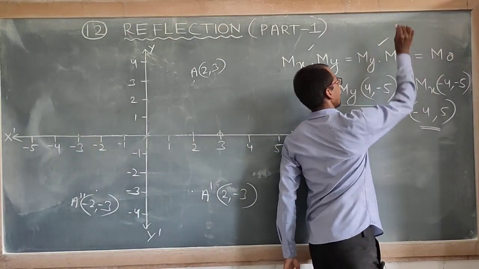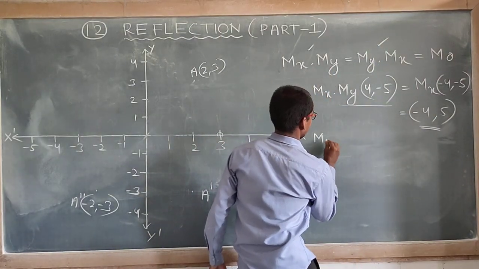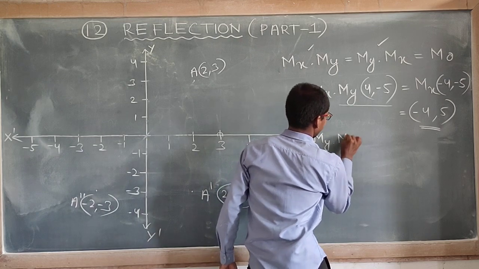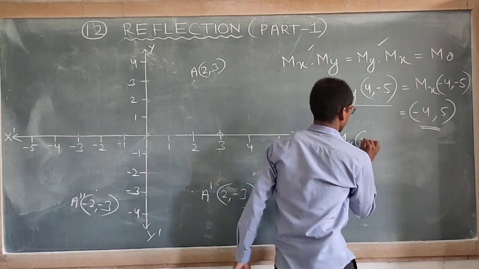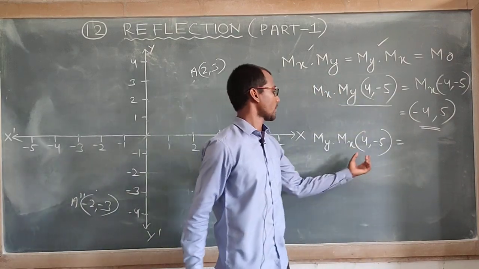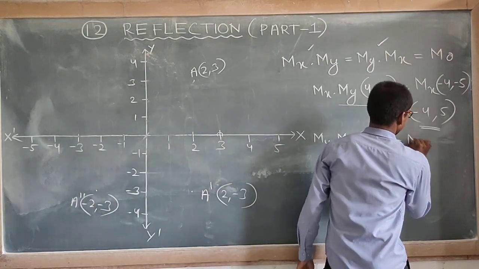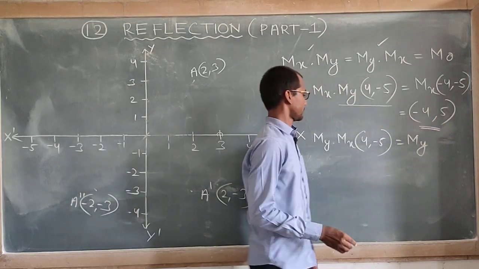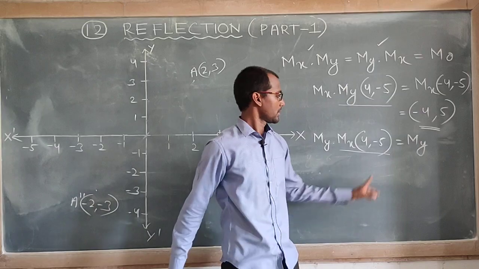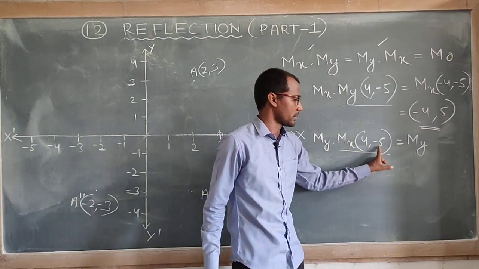Now let us go for this one, My dot Mx of (4, -5). First we will reflect the point in the x-axis. Let's evaluate this one. When this point is reflected in the x-axis, the y-coordinate will change. -5 is the y-coordinate.